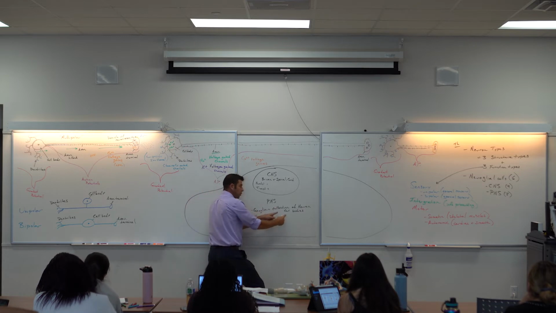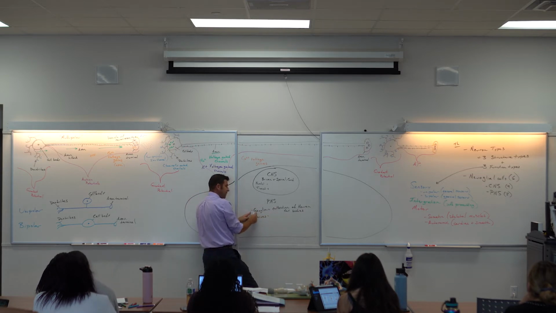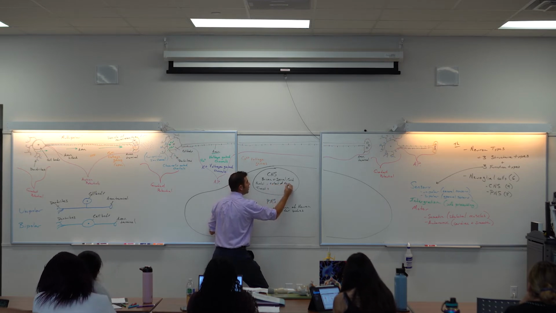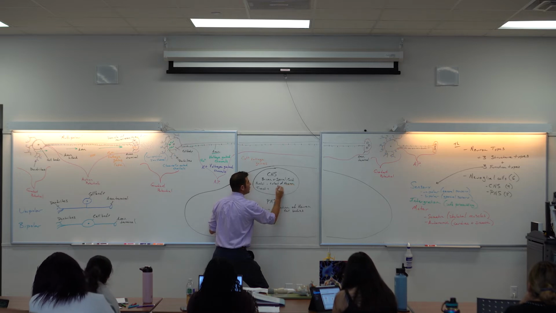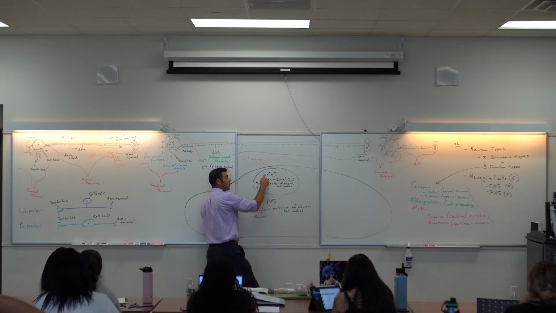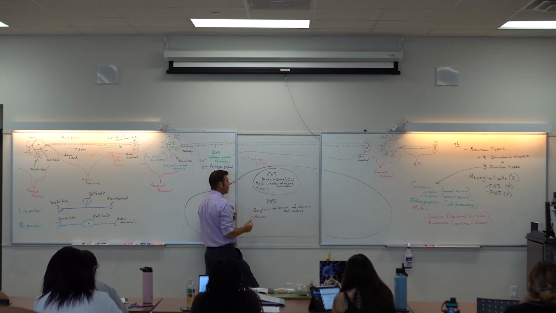So a collection of neuron cell bodies out in the peripheral nervous system is a ganglia. I'll put the same definition here: collection of neuron cell bodies. But now this collection of neuron cell bodies is in the central nervous system, so we would call that collection of neuron cell bodies a nuclei.